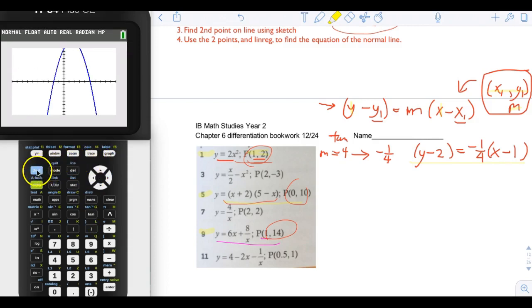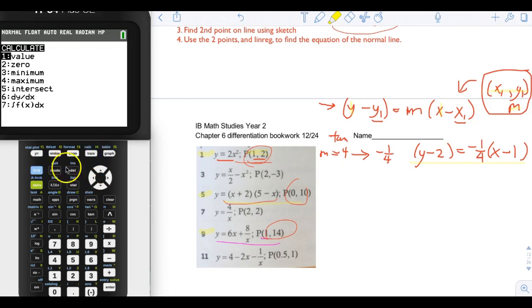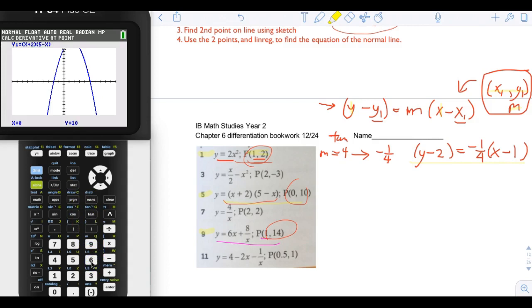And we're going to do second calc dy dx, which is option 6, and it's going to wait for us to tell it where we want to see the dy dx for. We want to see it at x equals 0. So we will type 0, and it tells us that the dy dx value there is 3.